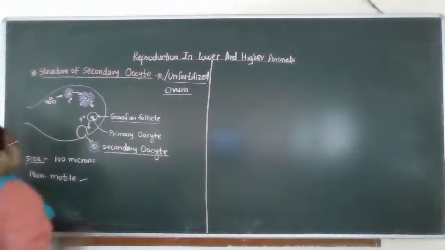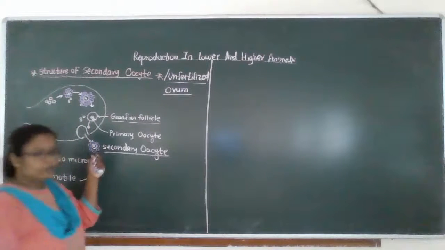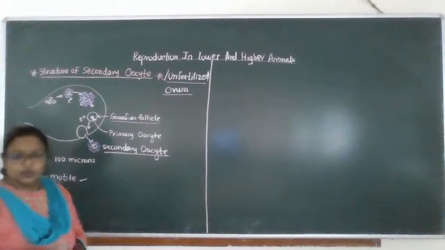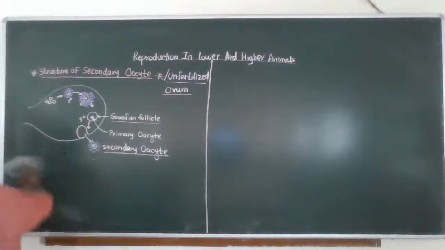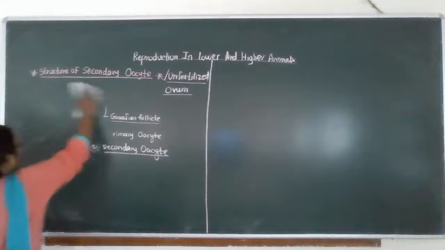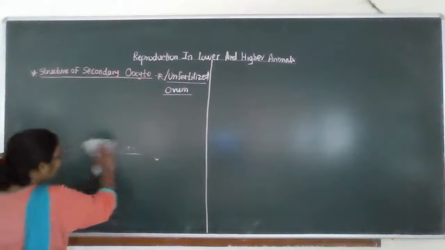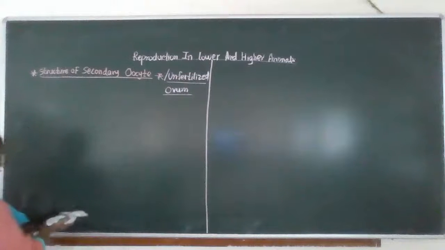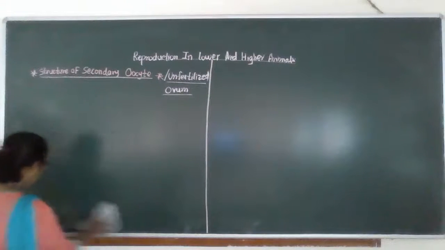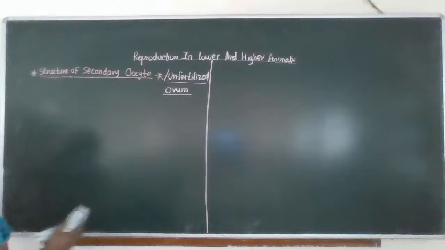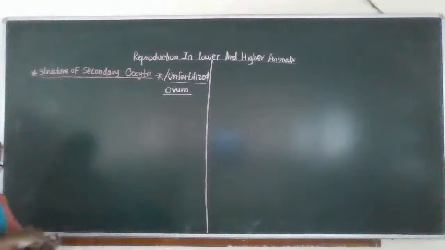Now we are going to study this secondary oocyte, which emits out from the Graafian follicle when the follicle gets ruptured. So, related with the structure.